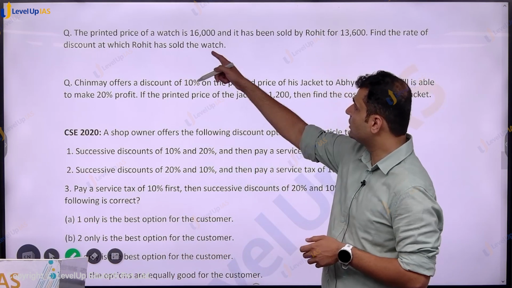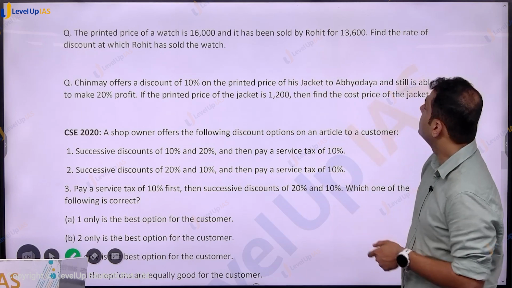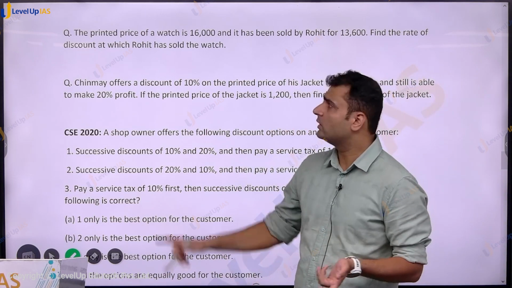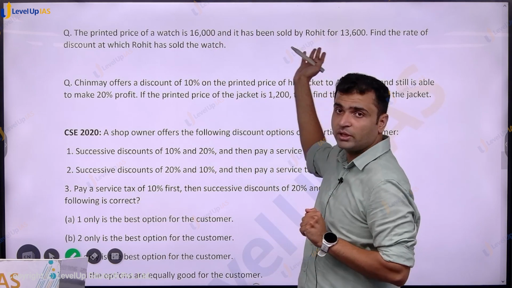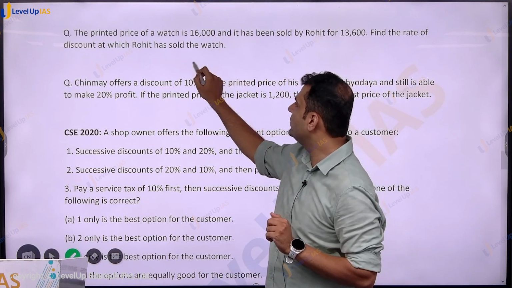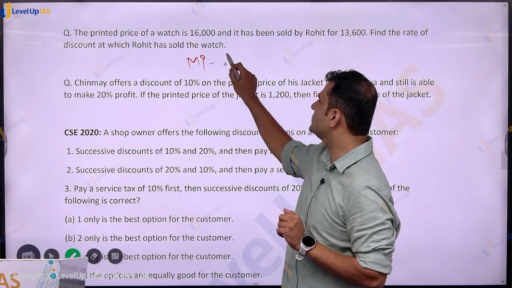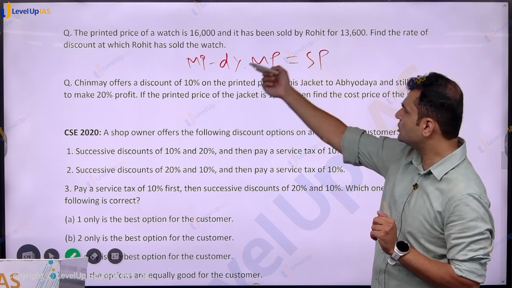The printed price of a watch is 16,000 and it has been sold by Rohit for 13,600. Find the rate of discount at which Rohit has sold the watch. What is the discount? It is the MRP and this is the selling price. So marked price minus D% of marked price, which is the discount, is equal to selling price. Just put the values.